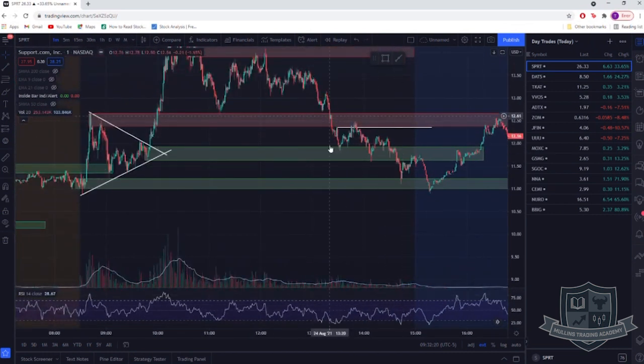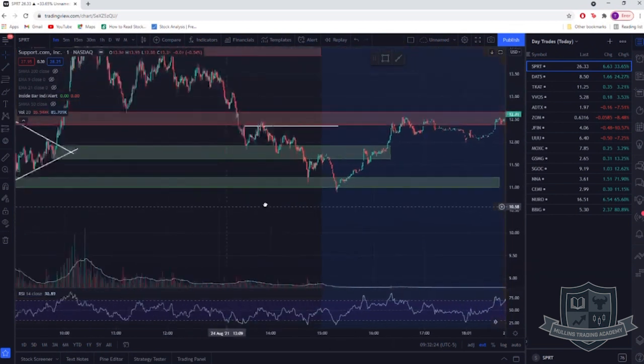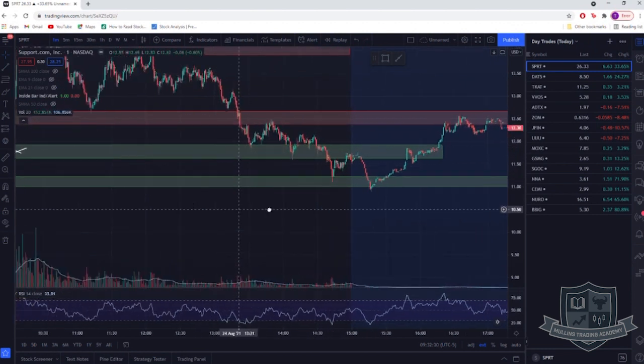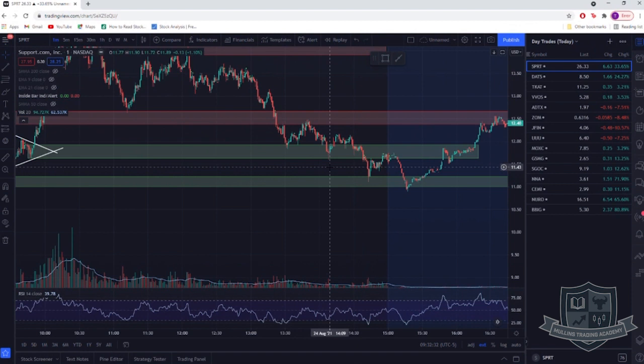So you are seeing bears want to continue pushing price down, and that's precisely what they do through the rest of the day. But what you can see with the zones is that each time it comes to a zone, that is where it has trouble. And once this zone has been filled, the next push through it is ultimately deadly to it.